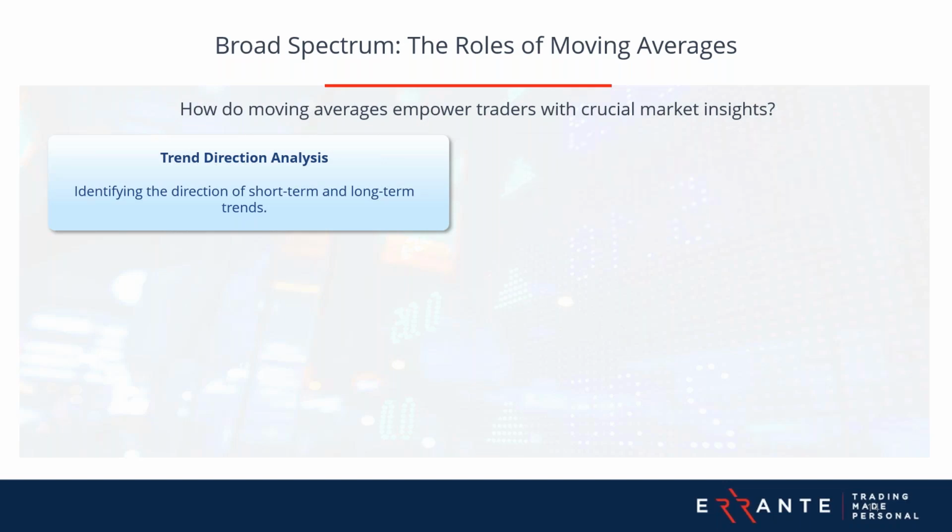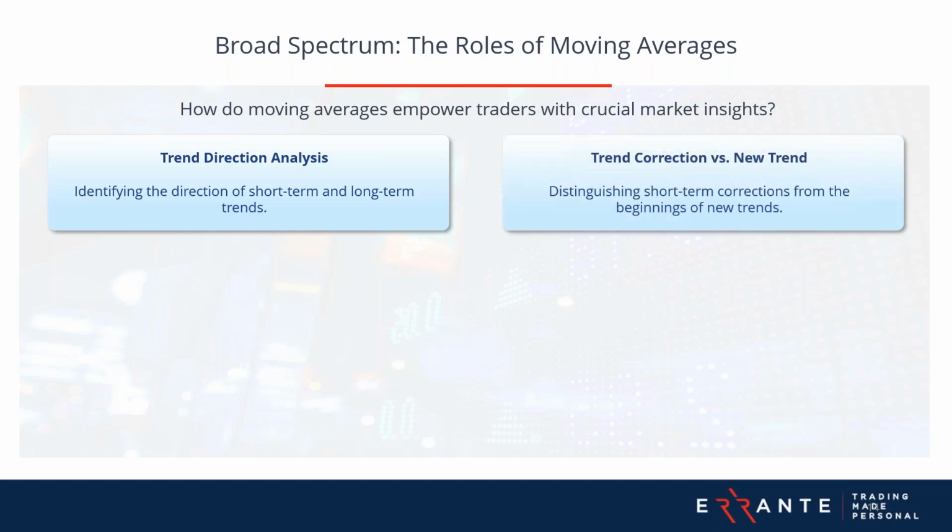At the core, MAs help in identifying the direction of trends, whether short-term or long-term. This ability to gauge market movements is foundational for any trading strategy, as aligning with the trend significantly enhances the probability of successful trades.